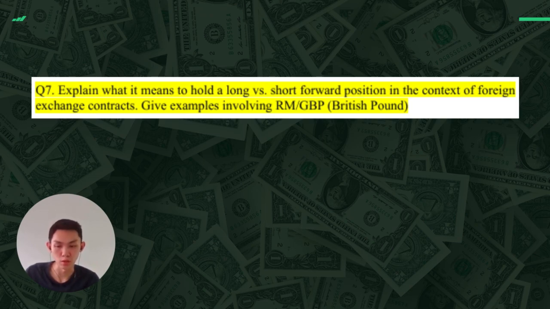The long position forward contract is a right to buy or receive a currency in the future. The example is a Malaysian exporter selling palm oil to a British buyer, and they will receive 10,000 pounds in 3 months.